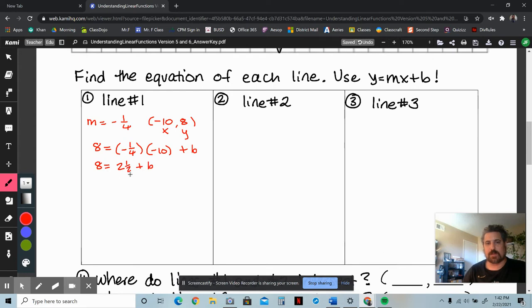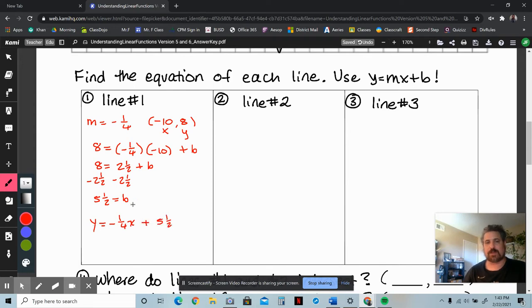Then we want to get b by itself, so we take away 2.5 from both sides. 8 take away 2 is 6, and then take away half is 5.5. So we have a y-intercept of 5.5. With a slope of -1/4 and a y-intercept of 5.5, our equation is y equals -1/4 x plus 5.5.